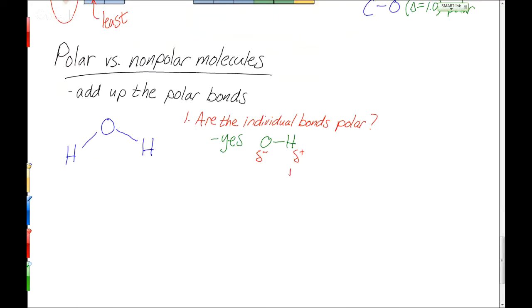It's usually drawn like this, a little plus sign that gets extended to an arrow showing where the electrons are going. In this case, the electrons go toward the oxygen, so we draw a little arrow that says the electrons go toward the oxygen because that's the one that's more electronegative.